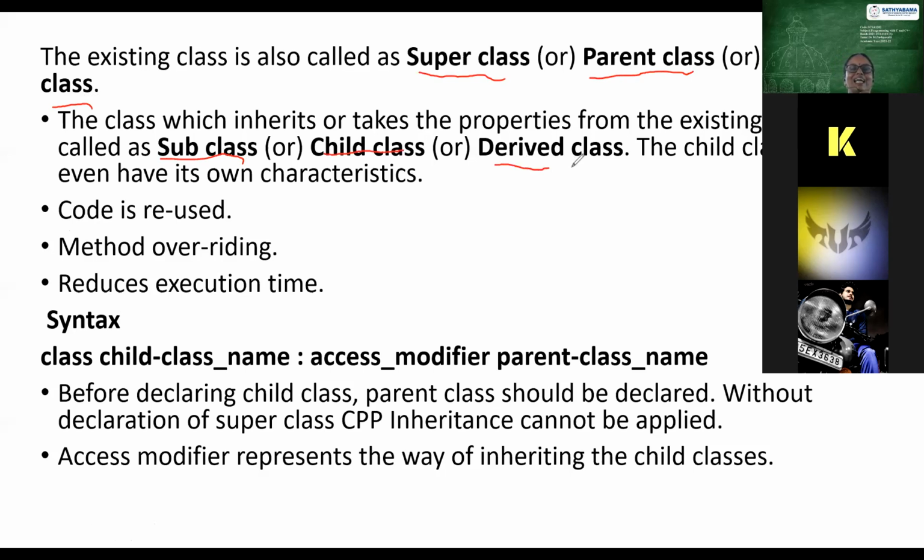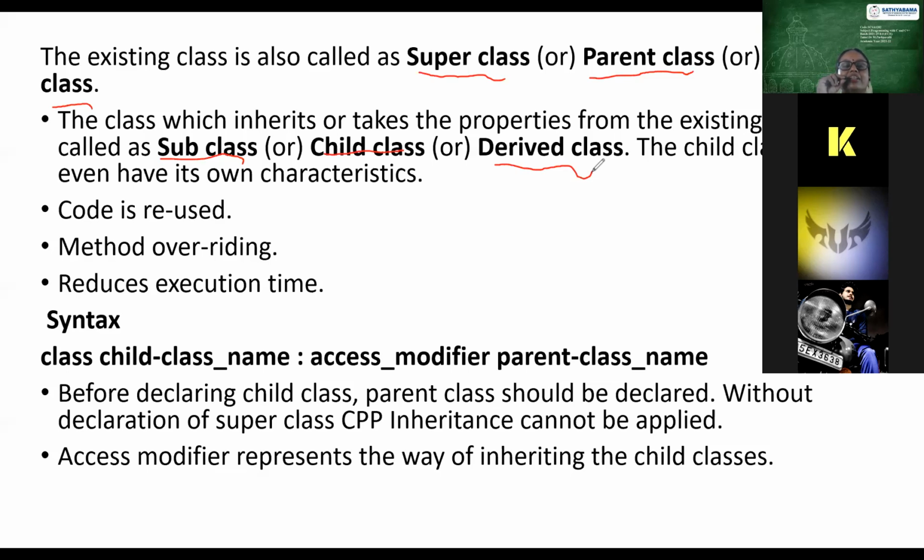You people kindly note down, we have two classes in inheritance. One is the parent class, whose base property is inherited. There will be a base class, and from that existing class we derive the property, and that is called a derived class, child class, or subclass. Another name of the base class is parent class or super class.